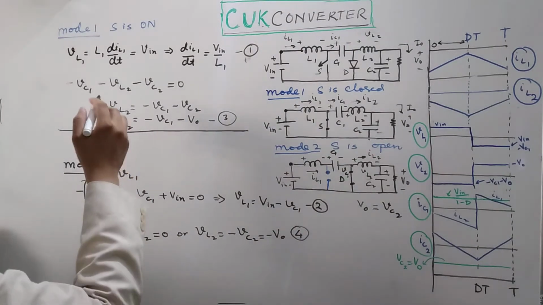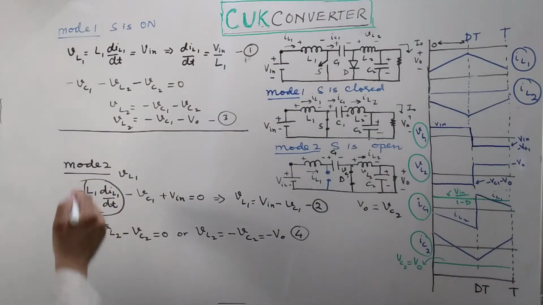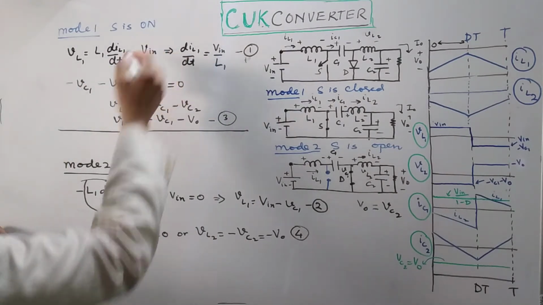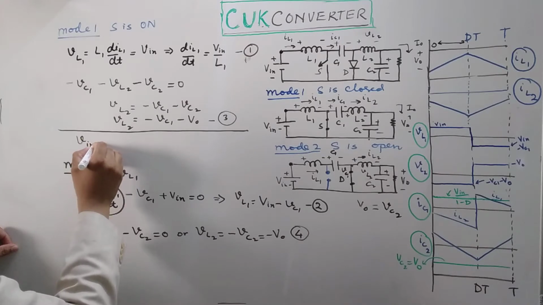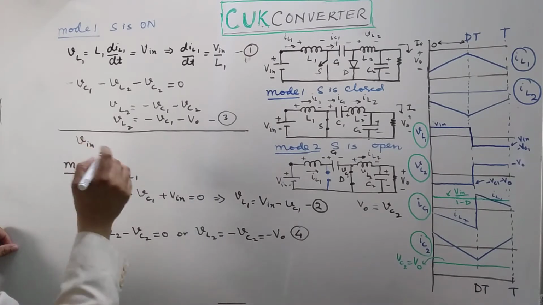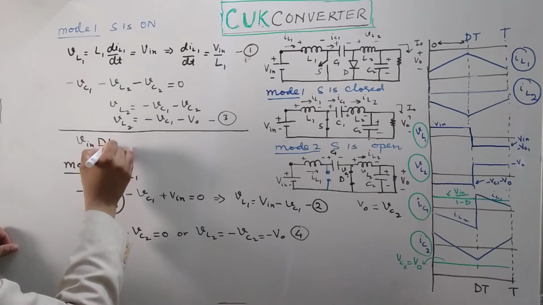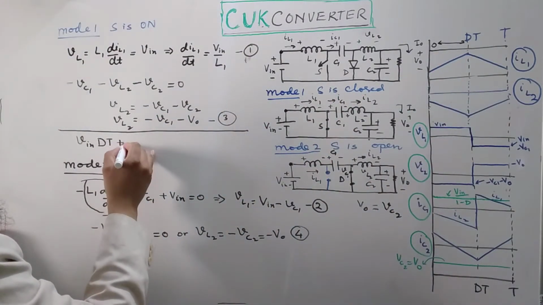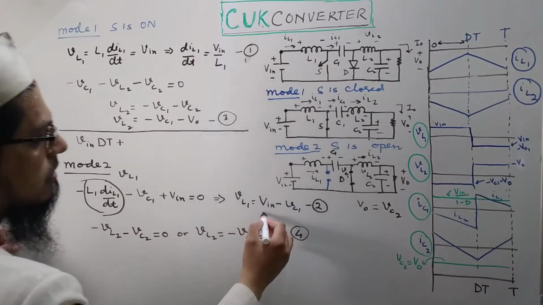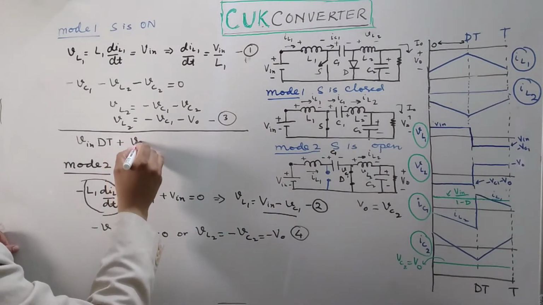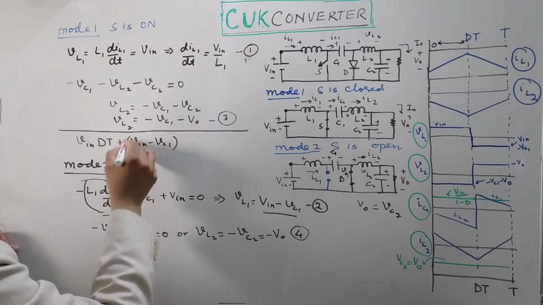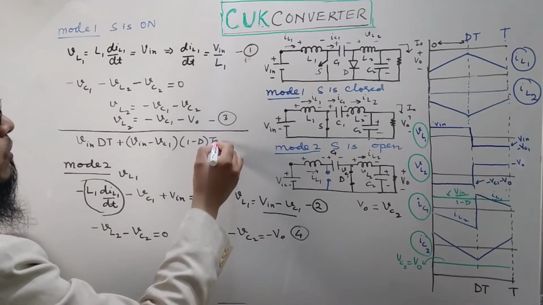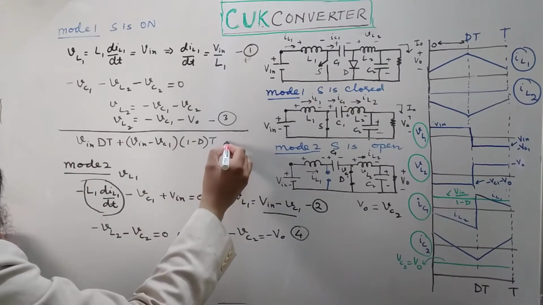For L1, in mode 1 the voltage across L1 is Vin, and this voltage appears across the inductor for dT time, and then plus the voltage here is Vin minus Vc1, and it is appearing for (1 minus d)T time, and the sum of the two divided by the time T will be equal to 0.